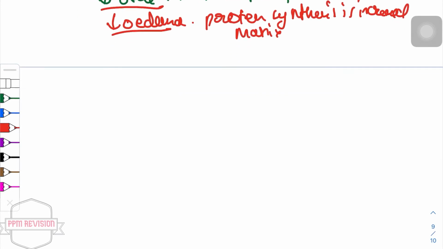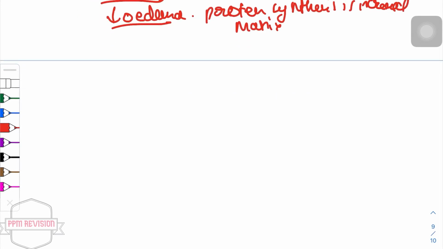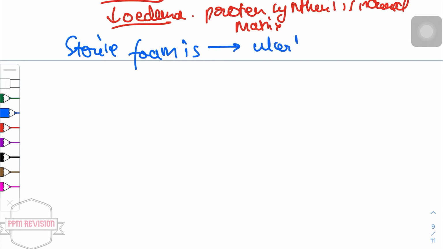After this, the sterile foam is placed over the ulcer bed, covering widely, with a tube with multiple holes.